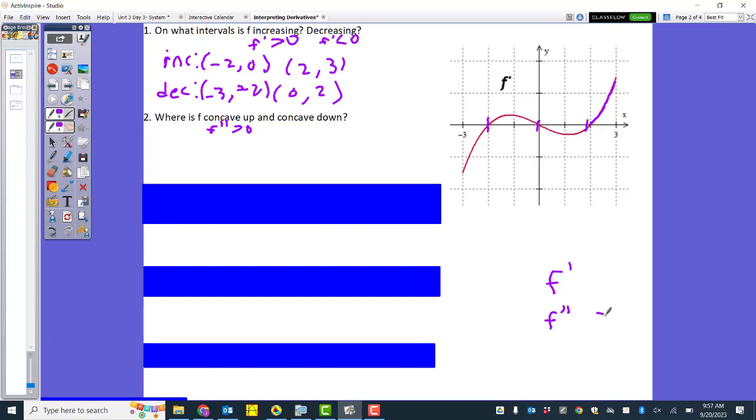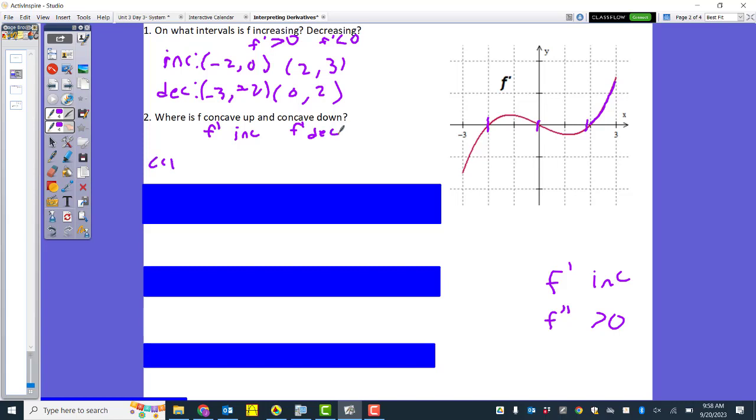When the derivative is greater than 0, then the function one level up is increasing. So really we need to say that f is concave up when f double prime is positive, or when f prime is increasing, and concave down when f prime is decreasing.